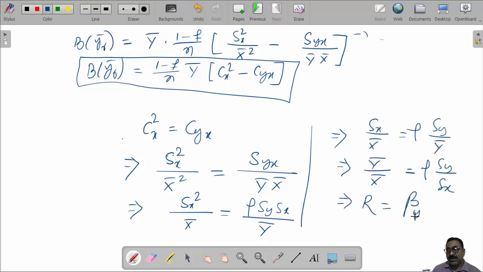That implies r equal to beta yx, where beta is the regression coefficient of y and x. That means when r is equal to beta, then the bias of the ratio estimator is negligible and the ratio estimator can be treated as approximately unbiased.